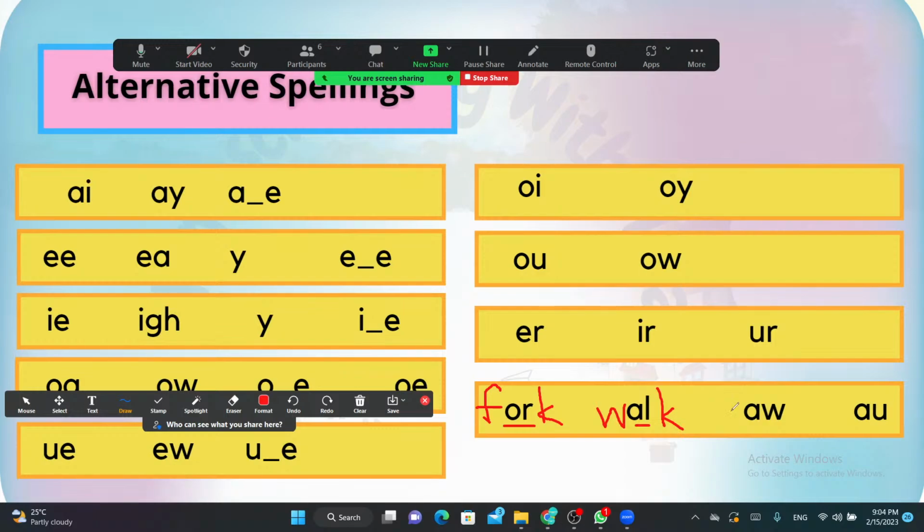This is jaw, jaw, jaw. Listen to the pronunciation, aw. And this is August, autumn, auto, aw, audio. So OR, AL, AW, AU, in British English, they all sound the same.